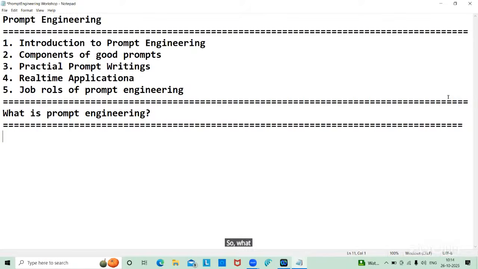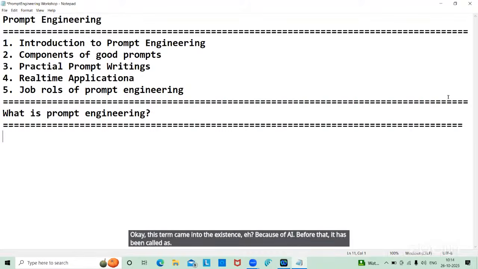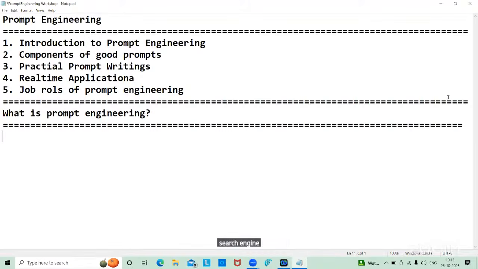So what is prompt engineering? Technically, yes, what Amresh Verma said is correct. But this term came into existence because of AI. Before that, it was called search engineering, like Google search.